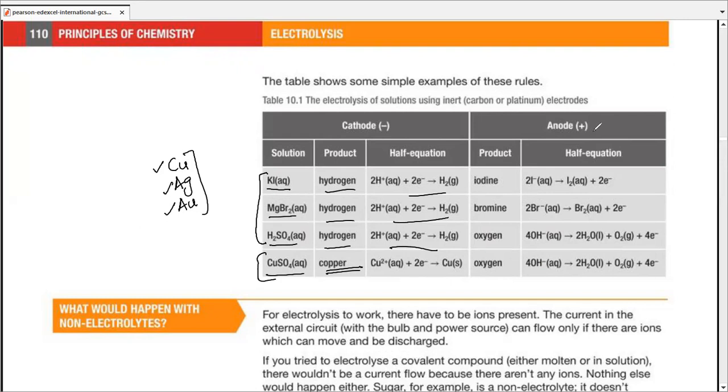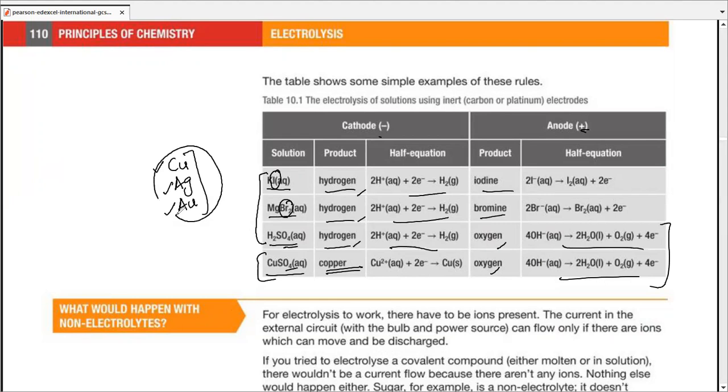If we talk about the anode, it's also easy. If it's a halide like iodide or bromide, they would produce iodine or bromine. In all other cases, it would be oxygen with this same repeated equation every time. So most of the time at the anode, oxygen is produced. Most of the time at the cathode, hydrogen is produced.